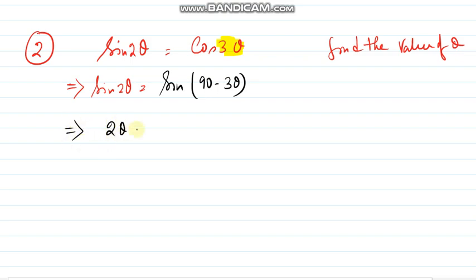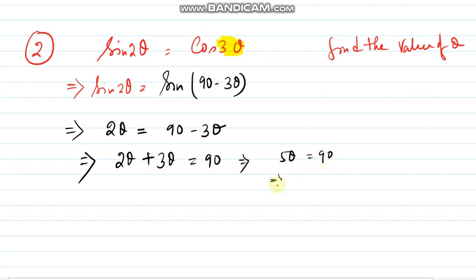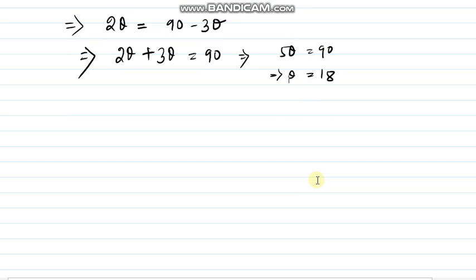So can we write 2 theta equals 90 minus theta, because both sides we have sin which will be cancelled out, but we can't cancel this operator. We just omit the operator and we will write, so 5 theta equals 90, hence my theta will become 18.